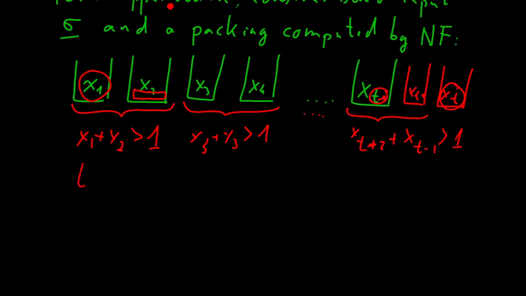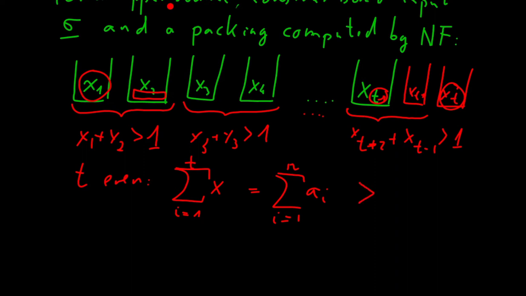So if t is even, then I get that the total sum of these sizes, which is actually the total sum of all the objects, because we packed all the objects, will be at least t half.